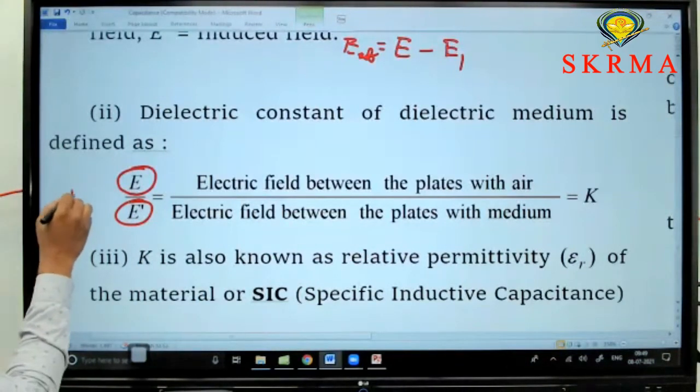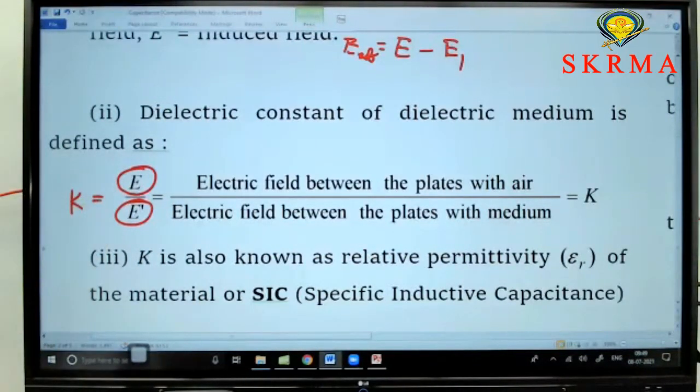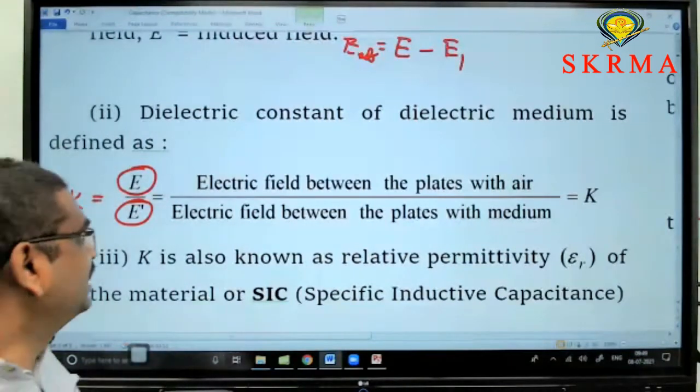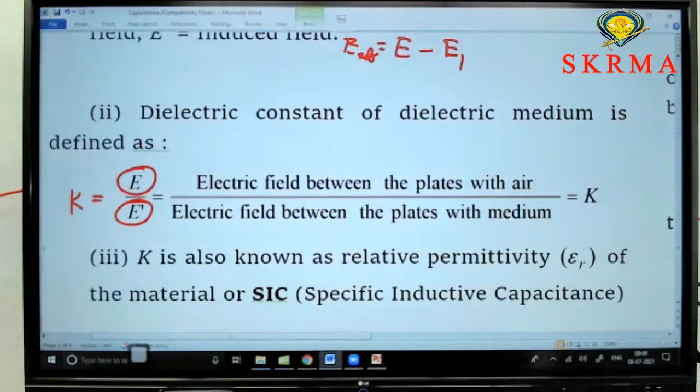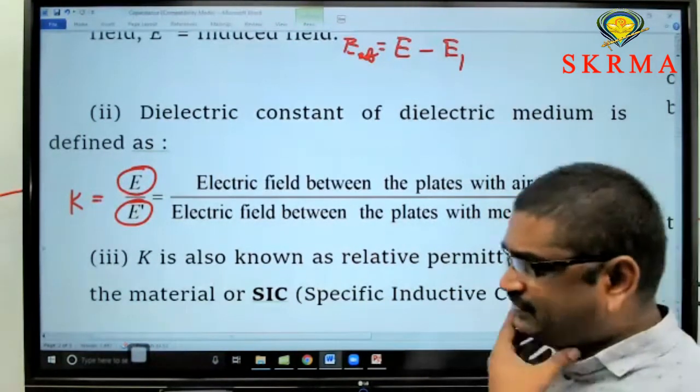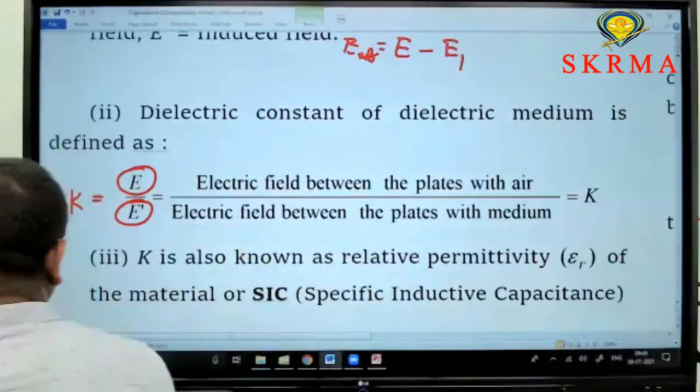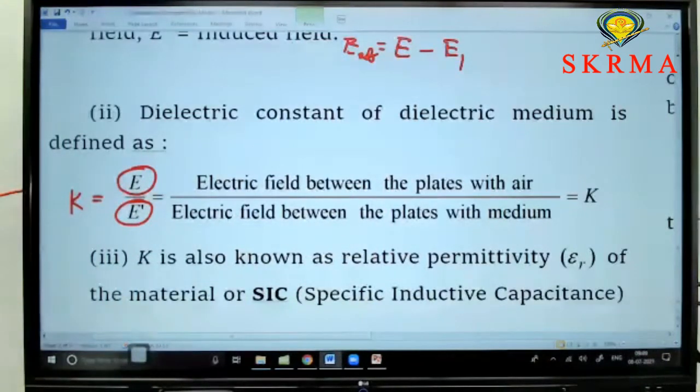Simply, the dielectric constant K can be written as E by E dash. What is E? E is the electric field between capacitor plates, that is, outside the dielectric. What is E dash? That is the electric field within the dielectric.